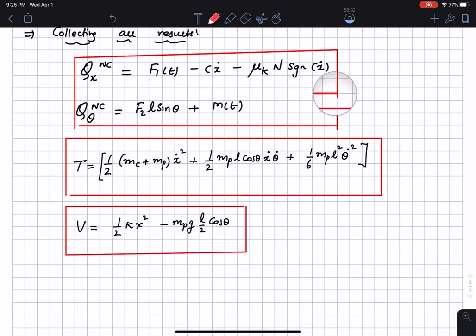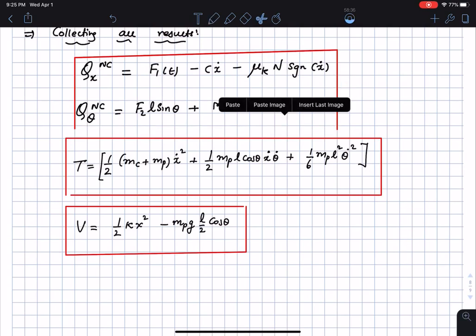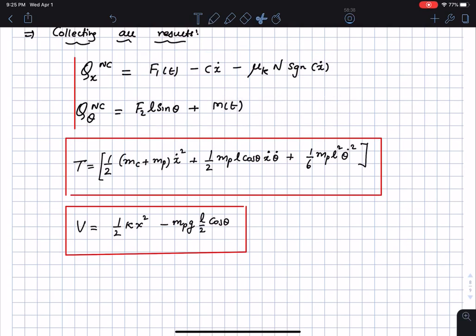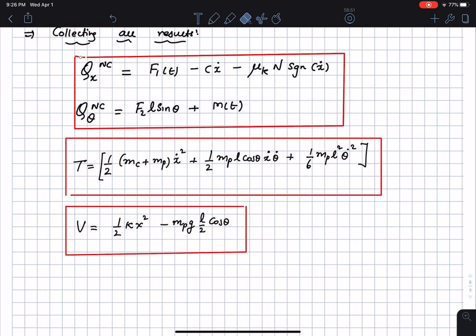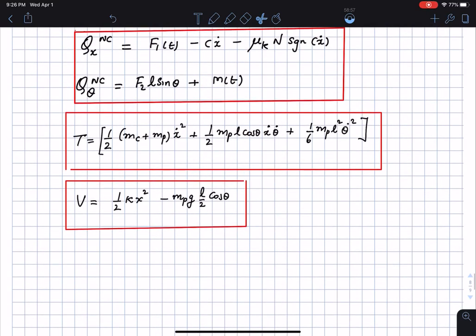All right, and so we can now write the Lagrange equations. I'm sorry, I should have put these back on. For some reason, kind of missed out. All right. Now we write the Lagrange equations.